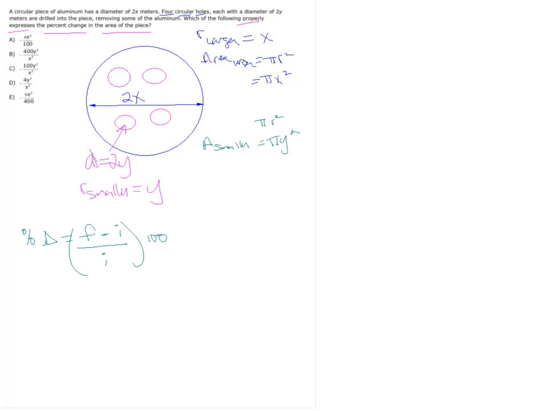But there are 4 of them, so the area removed would simply be equal to 4 times pi y squared. Just to make sure everyone's following along, if each of the circles has an area of pi y squared, and you have 4 of them, all the same, you're removing a total area of 4 pi y squared from the big blue circle.